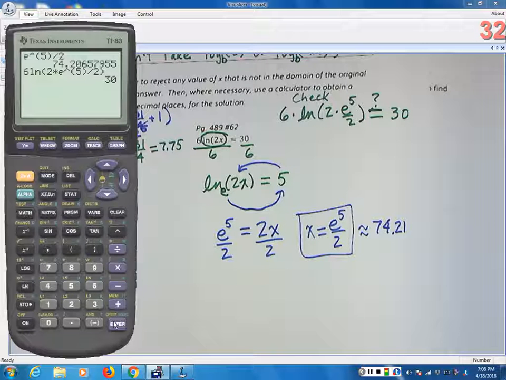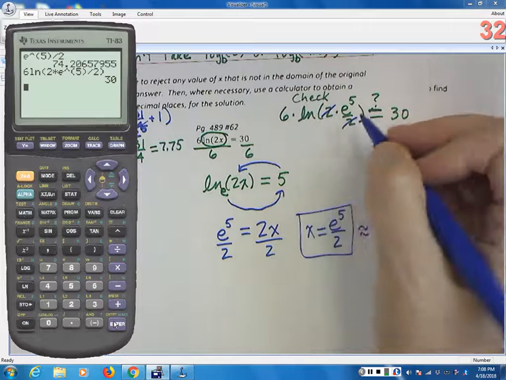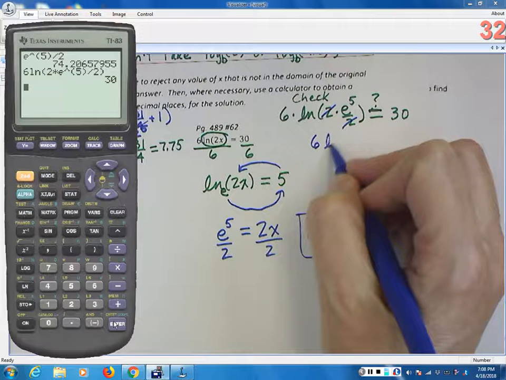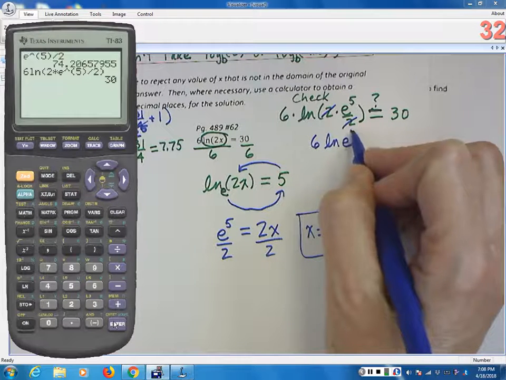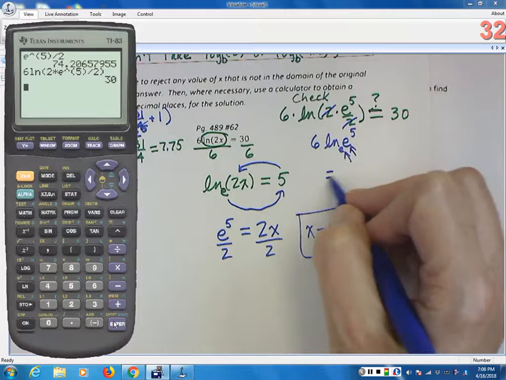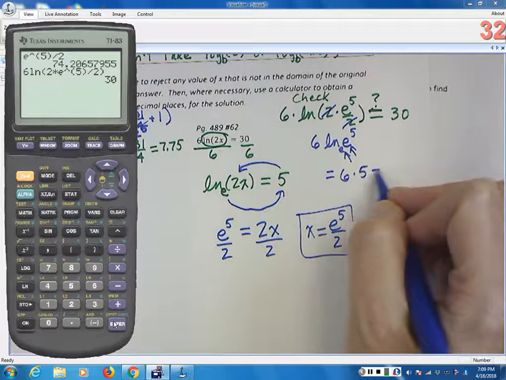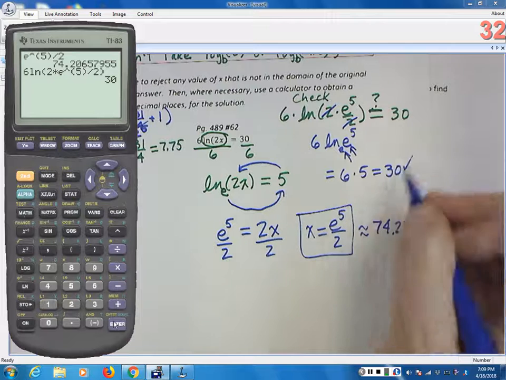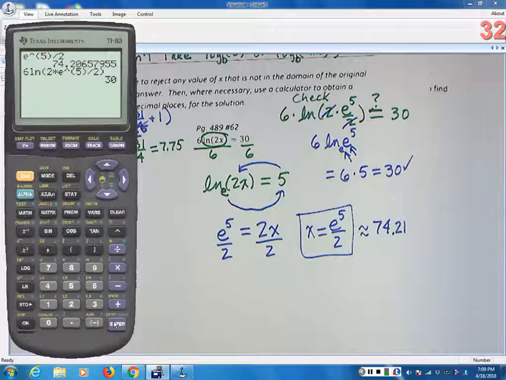It may be easier to check by canceling here, and then we have 6 natural log of e to the 5. Those cancel. You're left with 6 times 5 is 30. When you type things in the calculator here, it keeps adding parentheses.